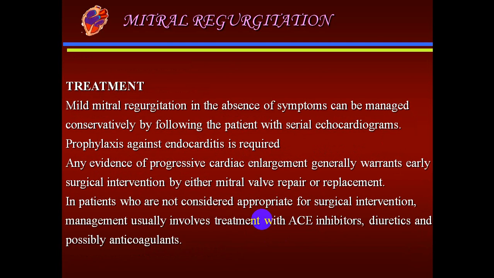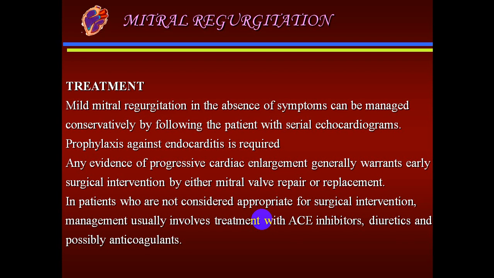In the treatment, mild mitral regurgitation in the absence of symptoms can be managed conservatively by following the patient with serial echocardiograms. Prophylaxis against endocarditis is required, and prophylaxis against recurrent rheumatic fever.